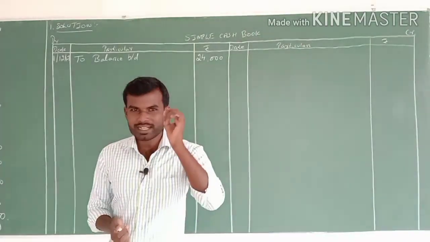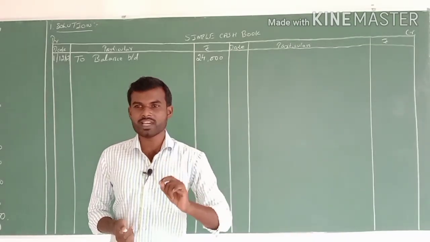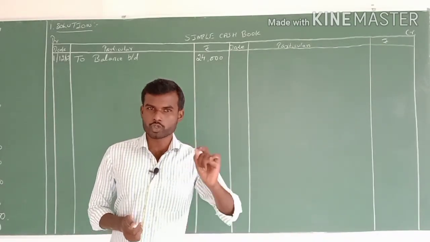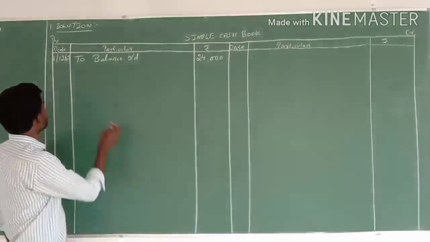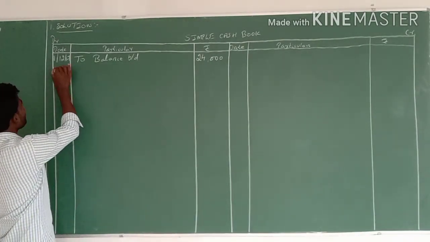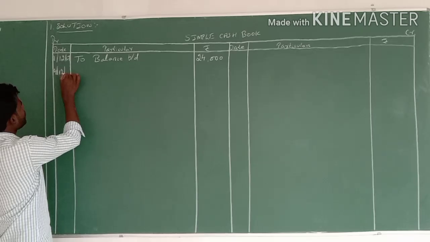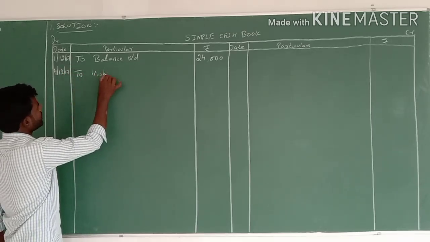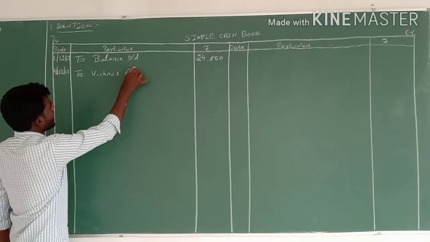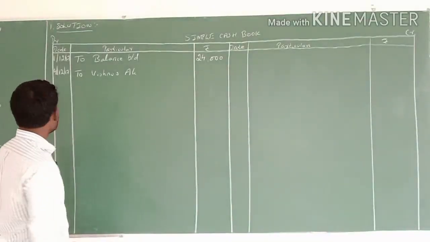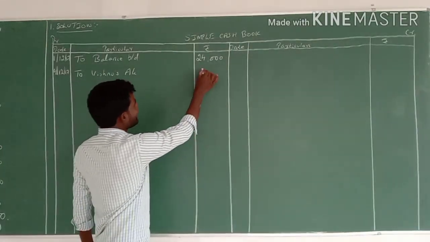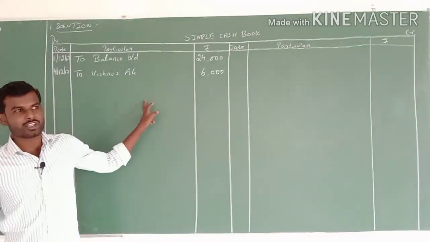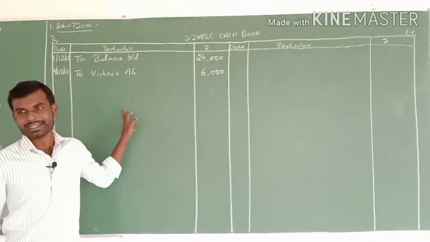On 4th December 2017, 'To Vishnu's account', we are receiving cash of 6,000. It increases the cash balance, so we record it under the debit side.